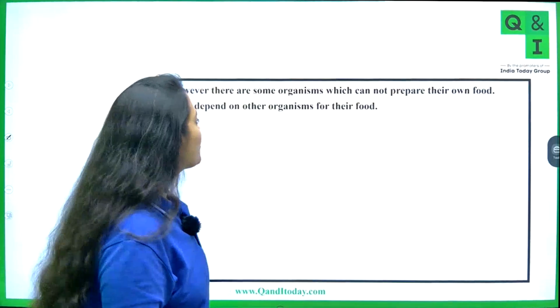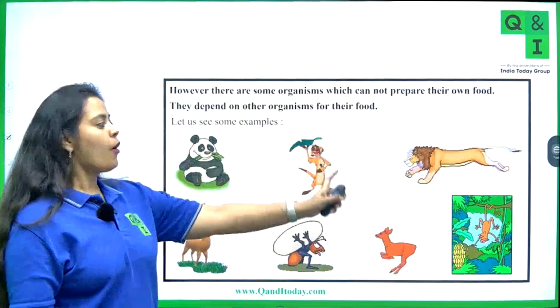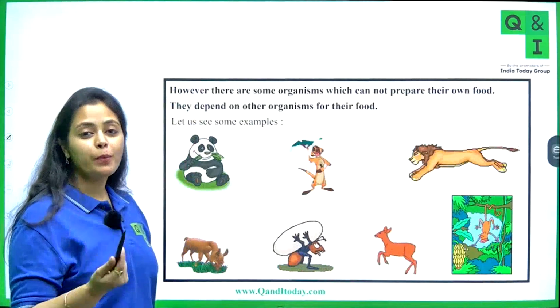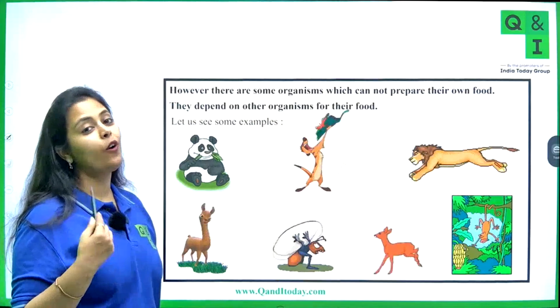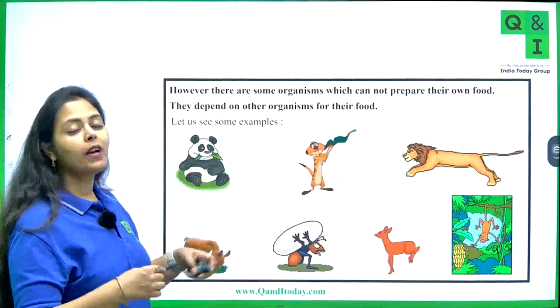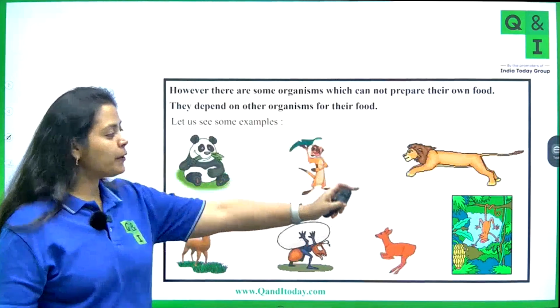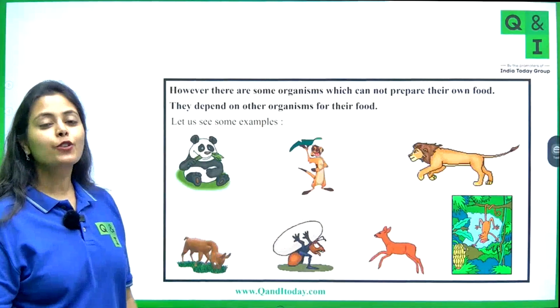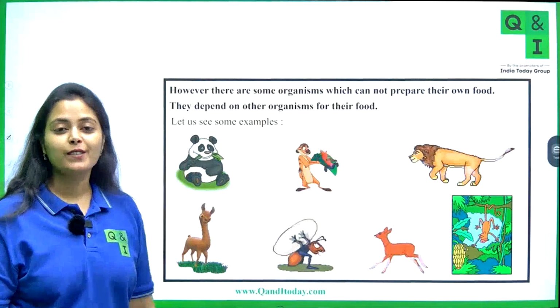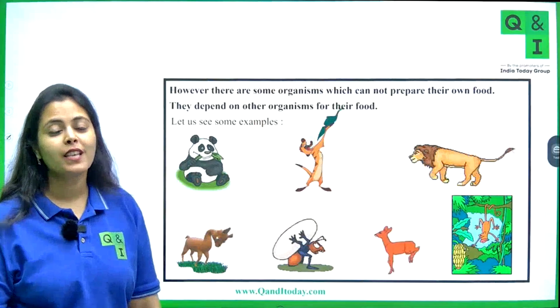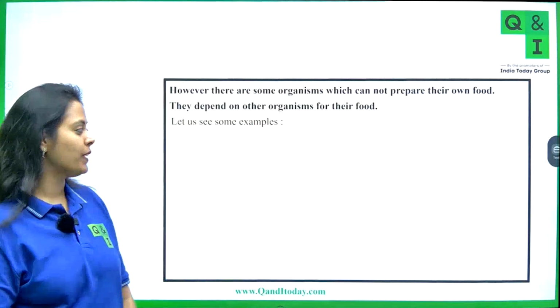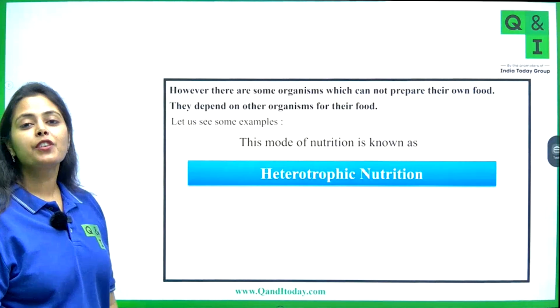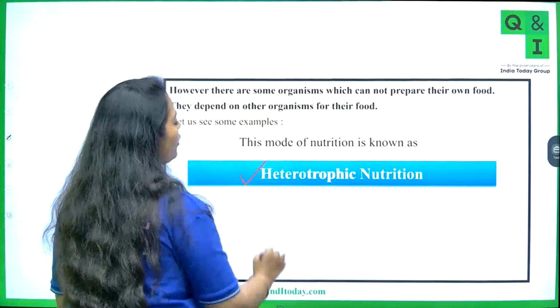That's all. Now students, some organisms cannot prepare their own food and they depend on other animals or other sources. This category of organisms includes both herbivores and carnivores. This mode of nutrition is called the heterotrophic mode of nutrition.